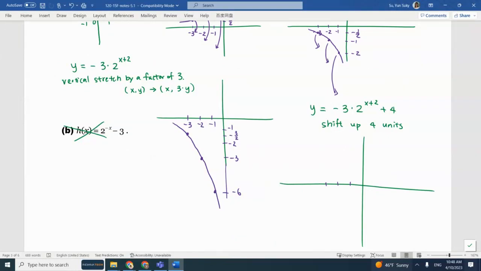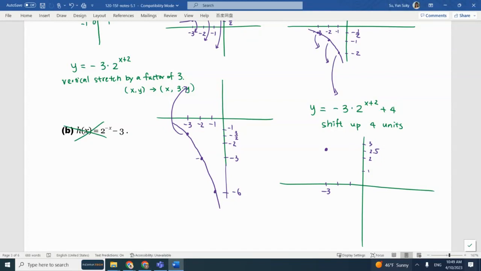So this point was -3/2. You shift up 4 units. What do you get? What is 4 minus 1.5? 2.5, right, everybody? So 2.5 right here.